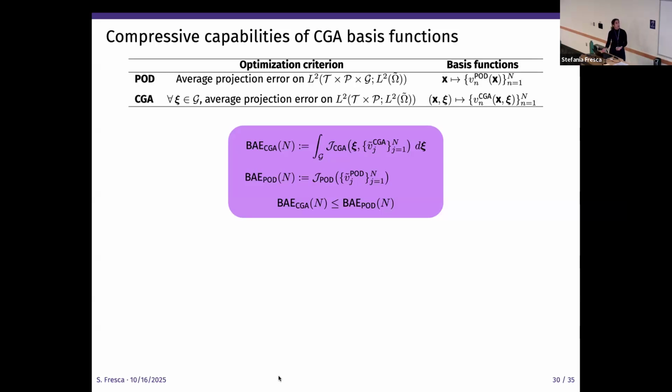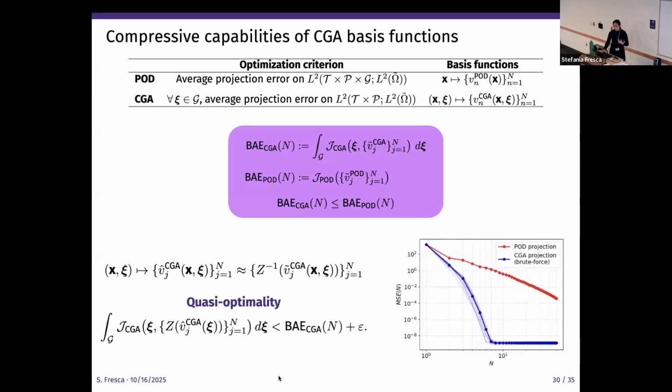But again, it's not possible to compute the optimal CGA basis functions. They are not available in a closed form. So we model them by means of neural networks. And it can be shown that there exists a neural network for which a quasi-optimality property holds.